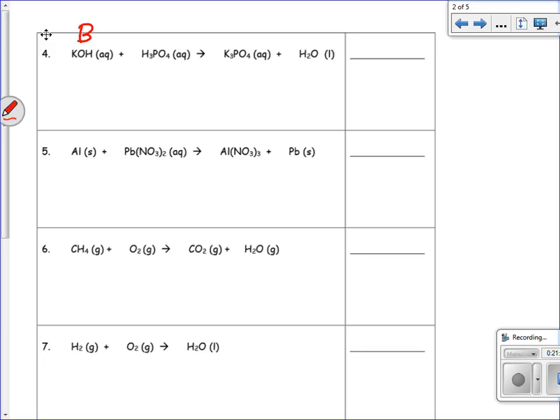Well, potassium hydroxide is the base. What's the name for H3PO4? Phosphoric acid, because remember it comes from phosphate and H changes to ic here. So phosphoric acid. We get our potassium phosphate, which happens to be our salt. And we get water, always as a product here. So this must be neutralization.